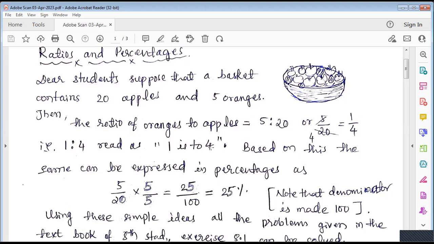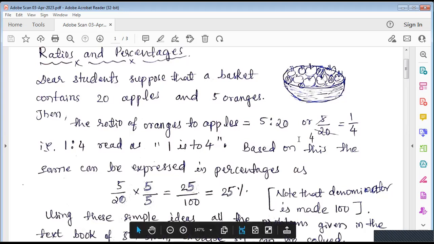Based on this, we can also express this ratio as a percentage. So this 5/20, you can write in this way, and multiply and divide by 5 to make the denominator 100. You have to take care that 100 comes in the denominator after multiplication of that number. That is why we have multiplied and divided by 5, so that 20 into 5 is 100.